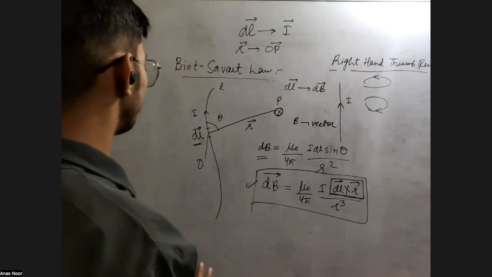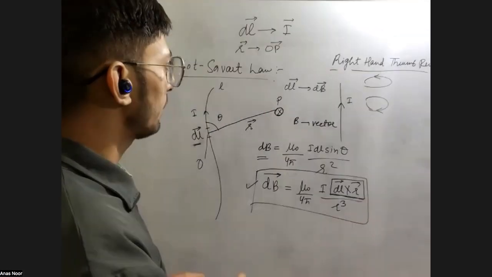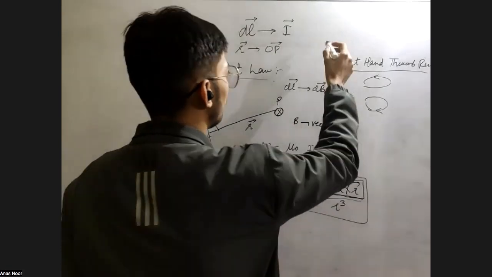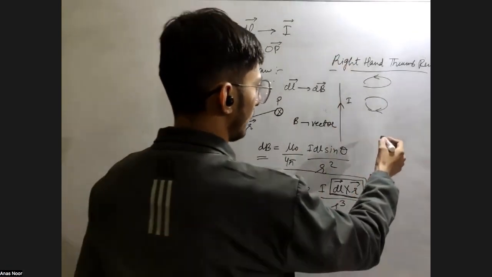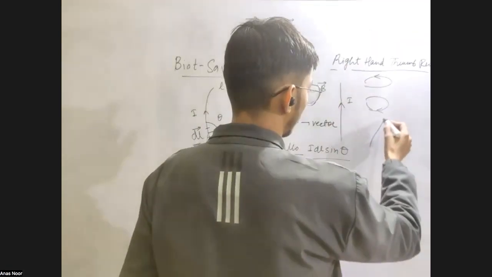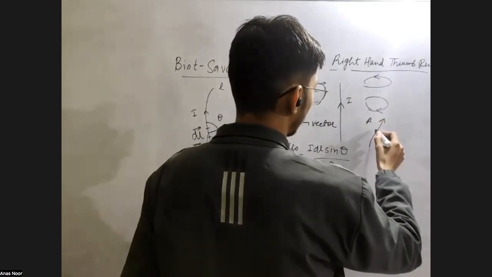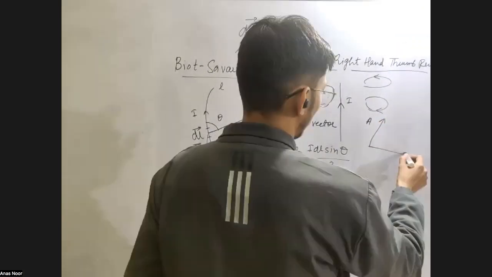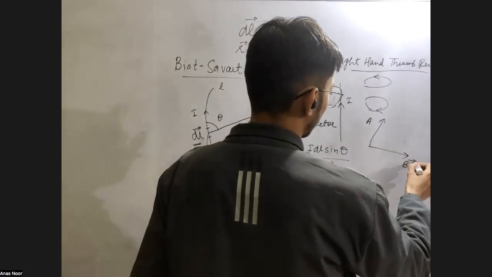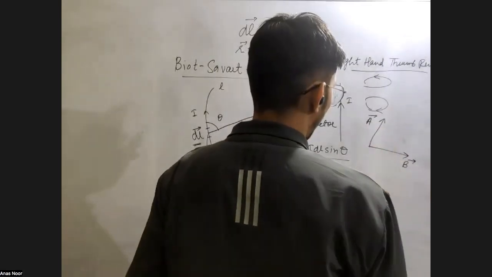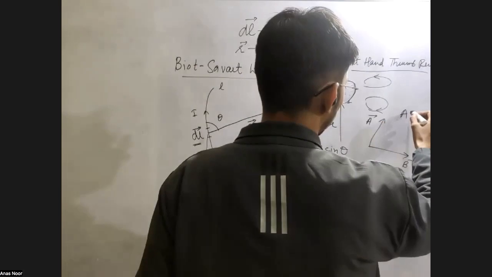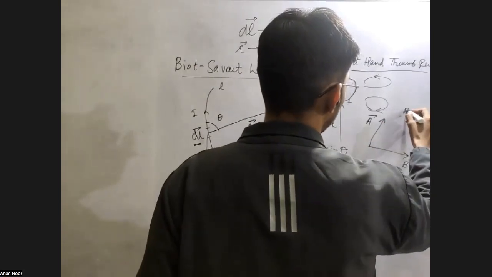Let me tell you how you find the cross product of two vectors. Suppose there is this vector A, there is this vector B. How will you find A cross B, or let's say B cross A?